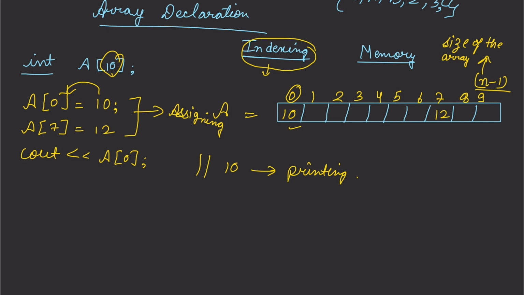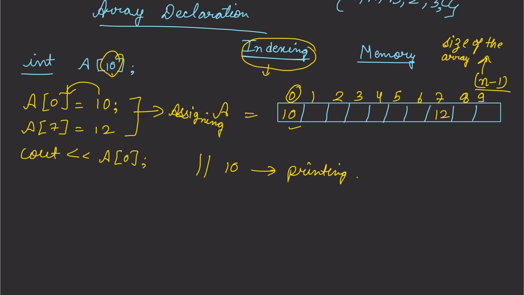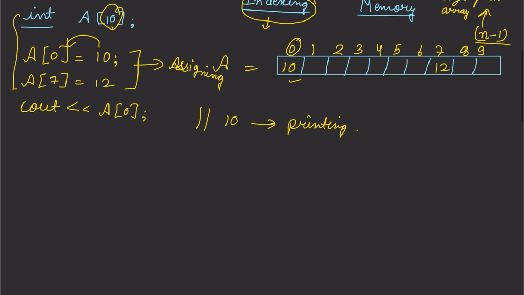Now look at it: for assigning values I had to use 3 lines. How can I do it in 1 line? For this you can declare and initialize it at once. a[10] equals, look, I have created an array of size 10.